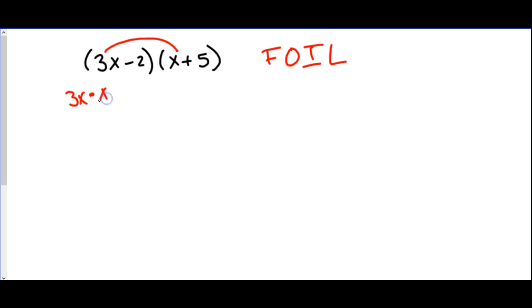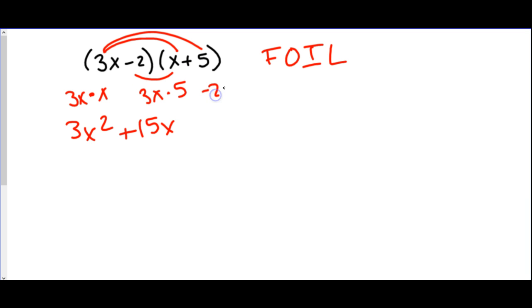We do 3x times x to get 3x squared. 3x times 5 to get 15x. Negative 2 times x to get negative 2x. And negative 2 times 5 to get negative 10.